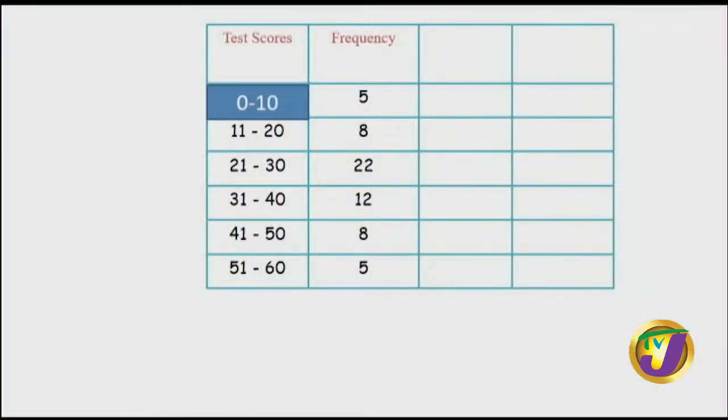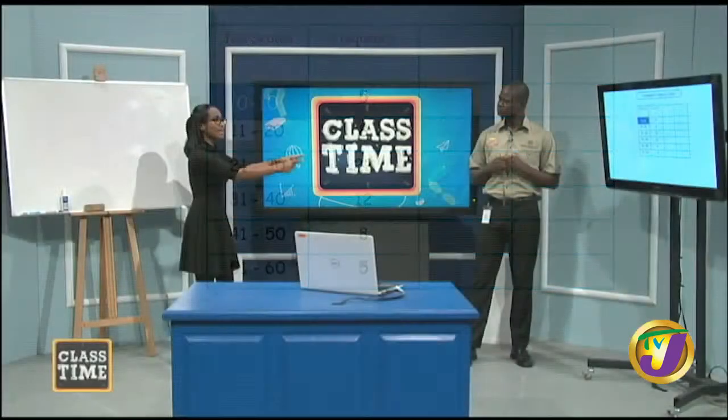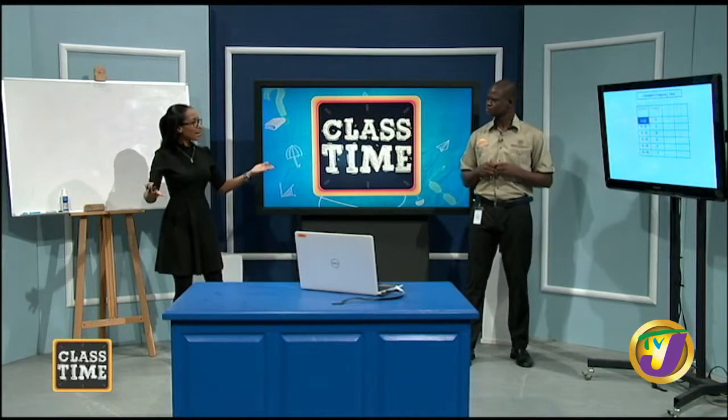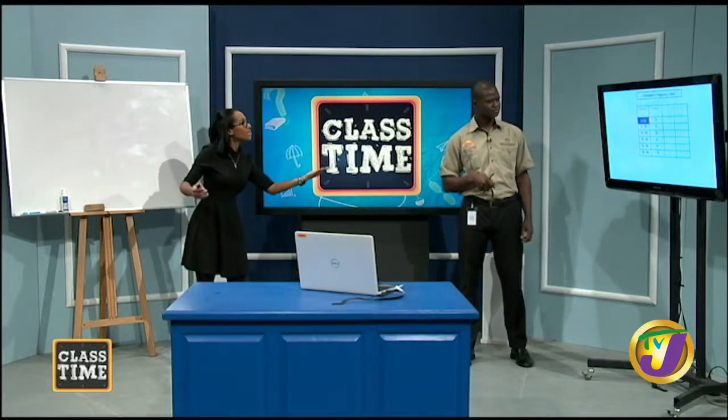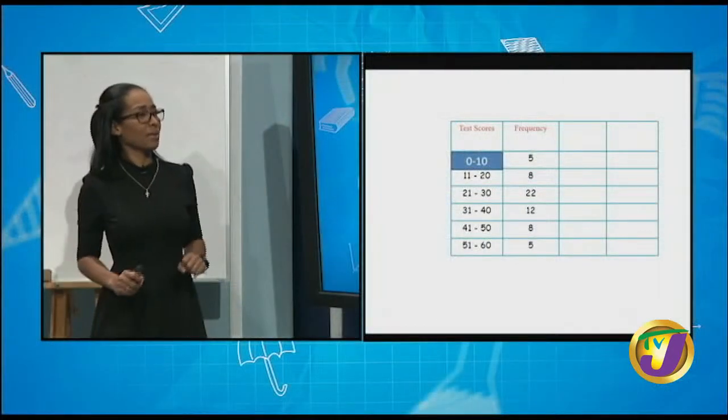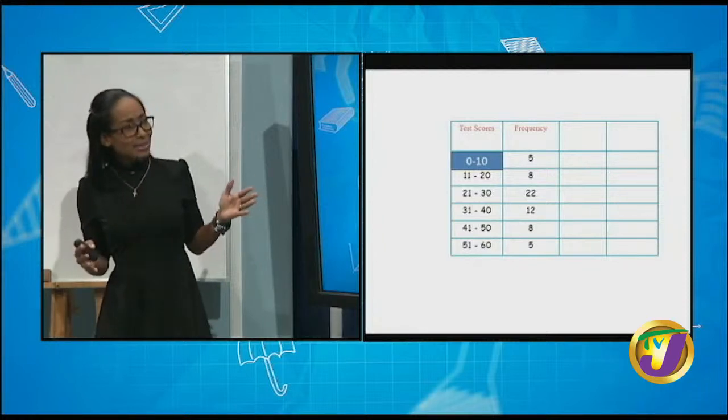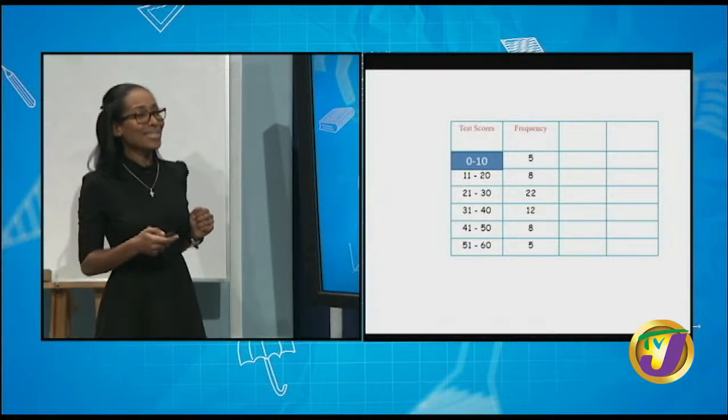So, what would be the frequency in the 3rd class? In the 3rd class, I'm seeing 22, which means 22 students received test scores within that class, between 21 and 30. Did I get it? You are correct.